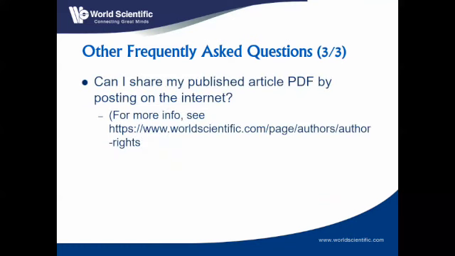Also, can I share my published article PDF file or post it on the internet? Here, we have a link for author's rights. I'm not sure about other subjects. For physics, we have this preprint server called arXiv. Most of the time, a lot of physics authors put their articles on the preprint server, meaning before the production.